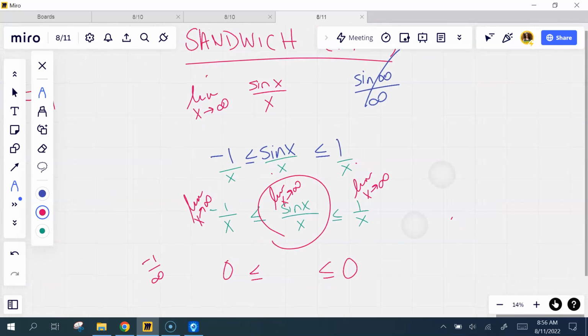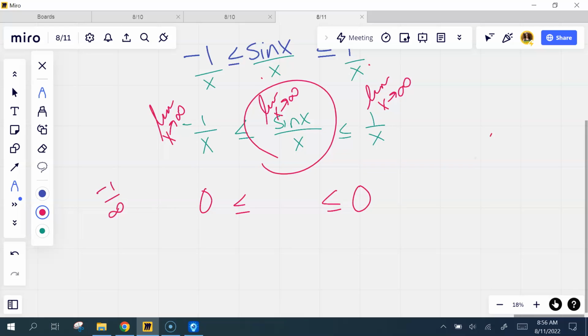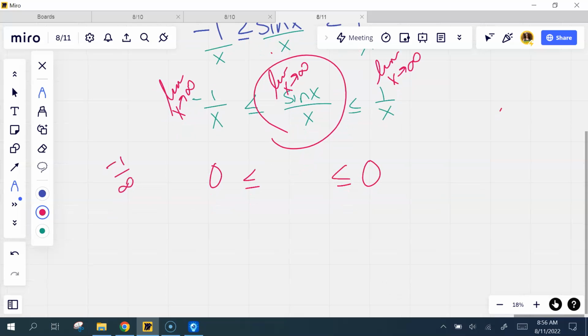So then they don't always equal 0. It might be between two values, and you might just have to say that the limit lies between -1 and 0, or that the limit lies between -1 and 1. But if you get the same value, 1 and 1, or 2 and 2, then you know that the inside has to be 2. The same thing.